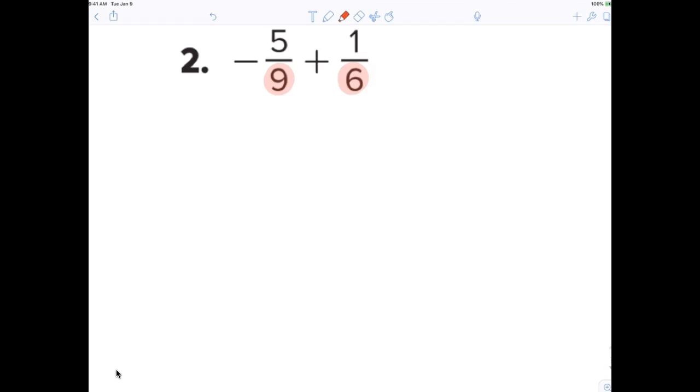So you can't just multiply 9 times 6 together. You could multiply 9 times 6 together, but then at the end you're going to have to end up reducing. So it's always better to understand that term, are they relatively prime? Since they're not relatively prime, you can't just multiply them together.